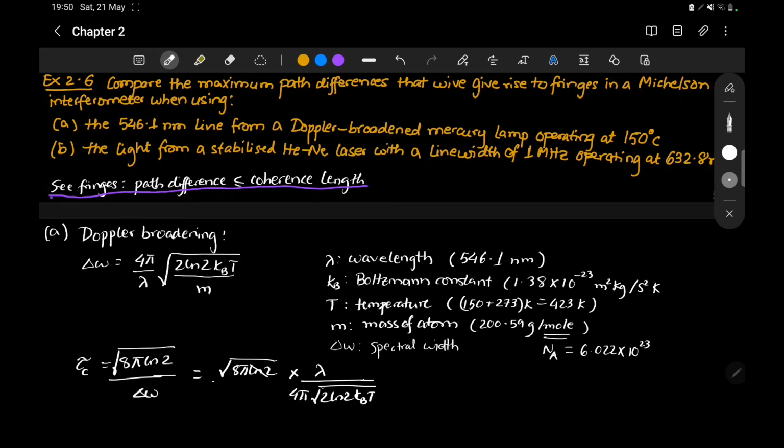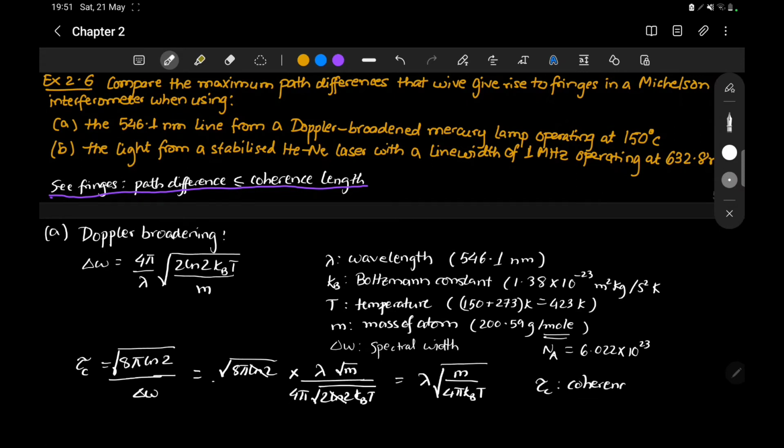The ln2 inside the square root cancels out. This gives us, I forgot, there will be one root M in the numerator because of this M over here. So this is the expression for coherence time. Tau c is coherence time.